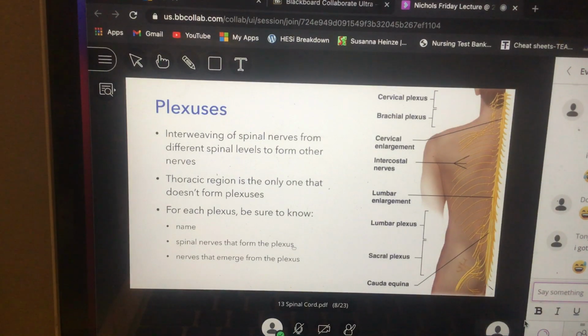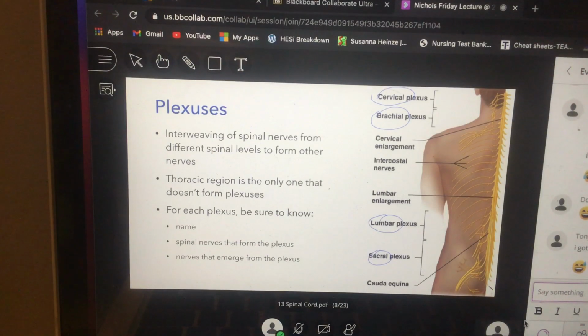For each one, you can see I've got some notes here. What you need to know about each one is just the bare basics of each plexus. There are 4 of them: the cervical plexus, the brachial plexus, nothing in the thoracic region, the lumbar plexus, and the sacral plexus.